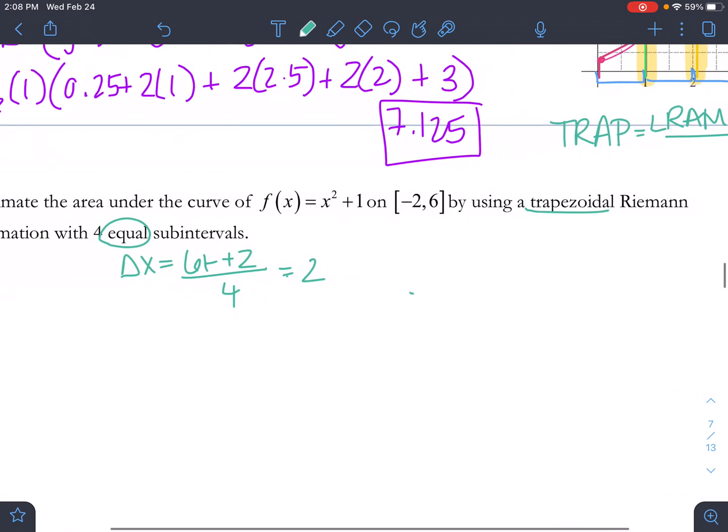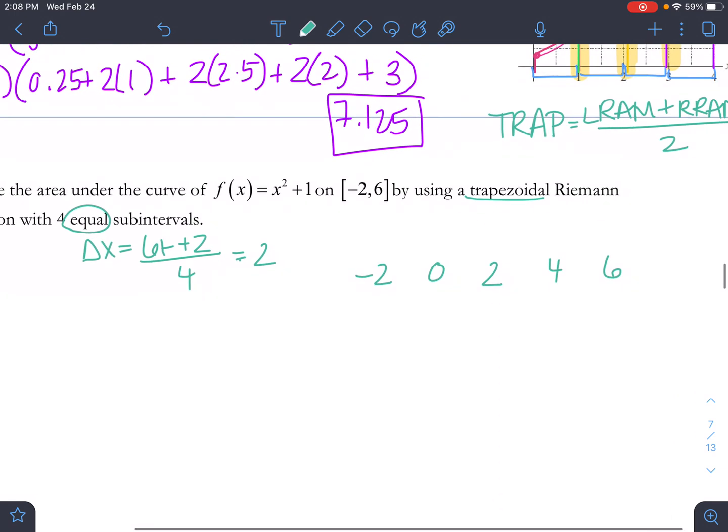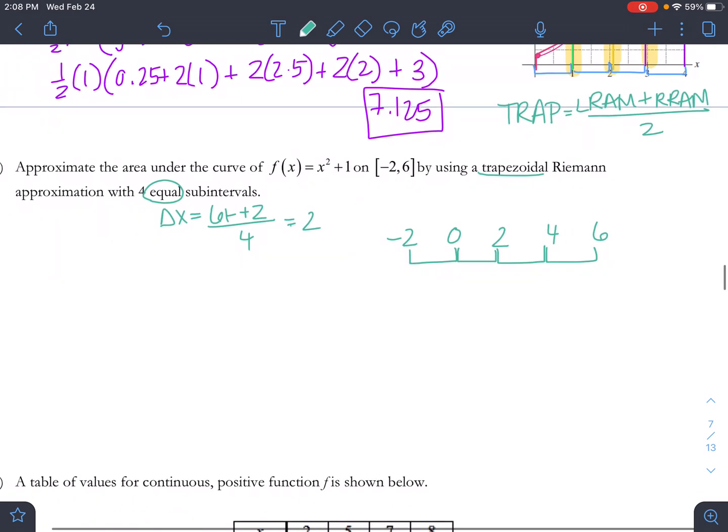Okay, so we start at -2, then we would go to 0, 2, plus 2, plus 2. So those are going to be the ends of our trapezoids. So we'll go from -2 to 0, repeat 0 to 2, repeat 2 to 4, repeat 4, and 1 of f of 6.